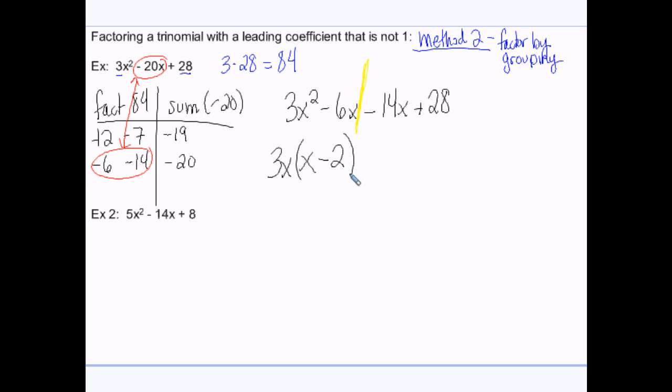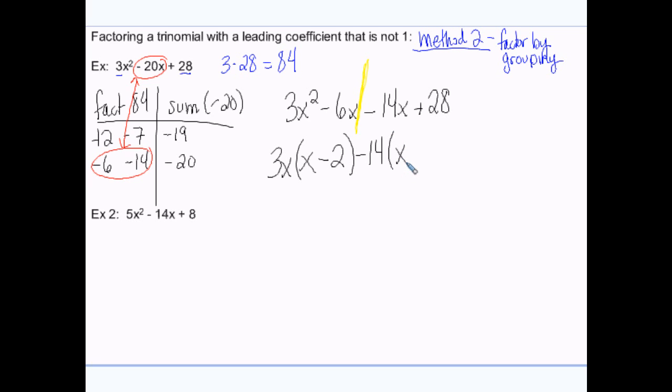Now, if I look at 14 and 28, they have a 14 in common. And when you're factoring by grouping, the idea is for the parenthesis parts to match. I want this to be a negative 2 when I divide it, so I have to divide out the negative 14. If I take negative 14 away from here, I'm left with an x.